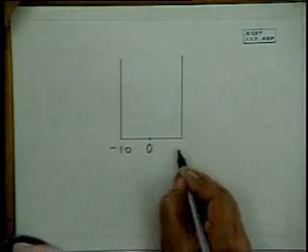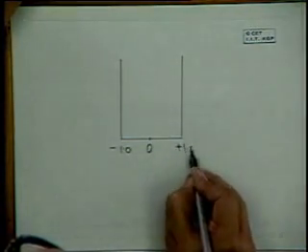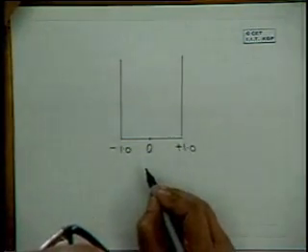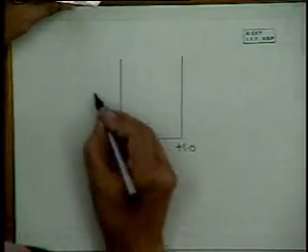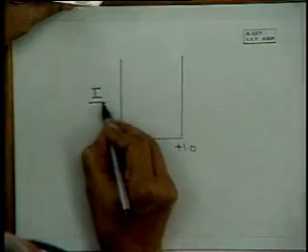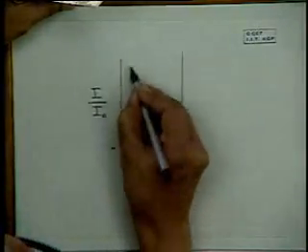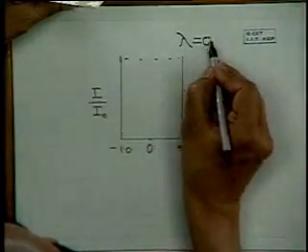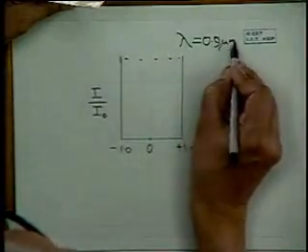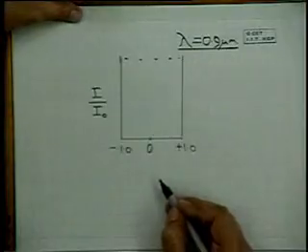This is plus 1 micron. And this is the intensity, relative intensity, I by I0, for a laser which operates at 0.9 microns, which gives the composition.